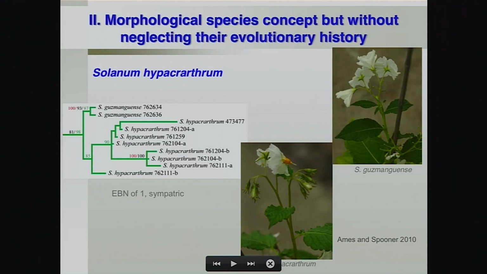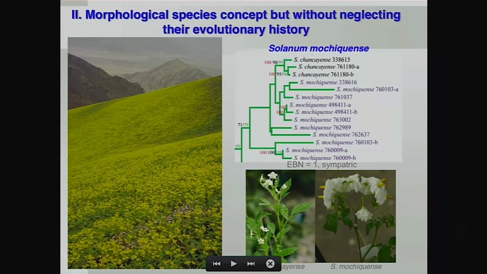Here, Gus masense and Ipacartrum. Okay? They are almost the same. We cannot differentiate, that is slightly different, and they also cluster together. And now there is only one species. We recognize only one species because also we are getting the support of the molecular data.